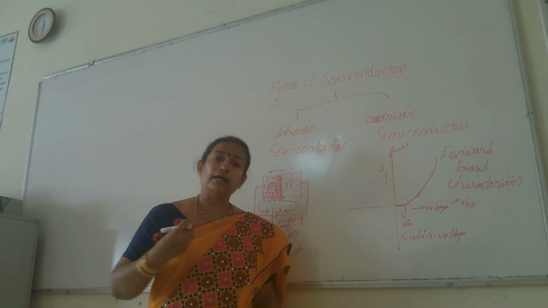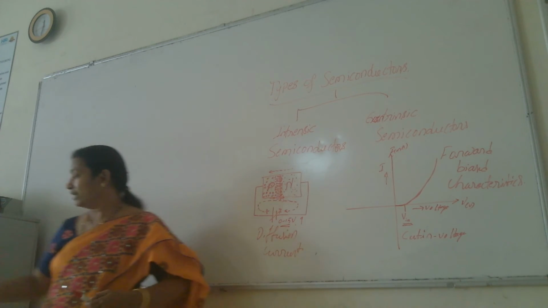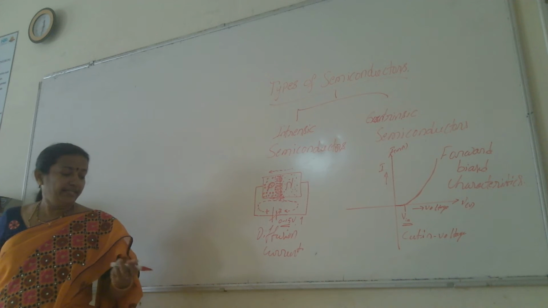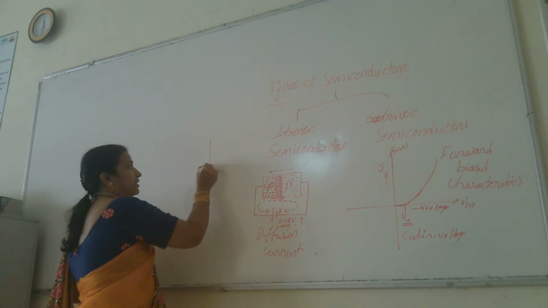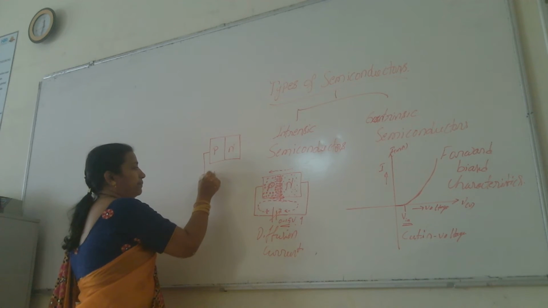And if you apply the reverse voltage, that is, if you give negative polarity to the P-type semiconductor material and positive polarity to the N-type semiconductor material, let us see. This is P-type and N-type.